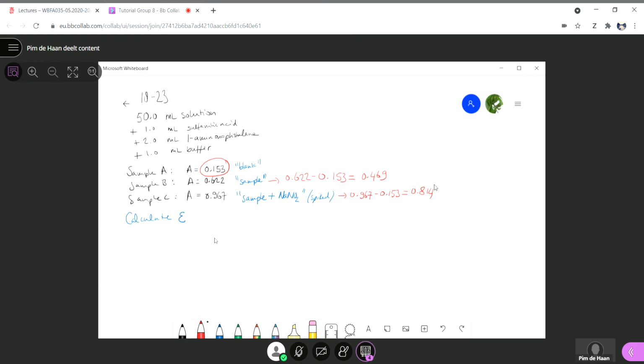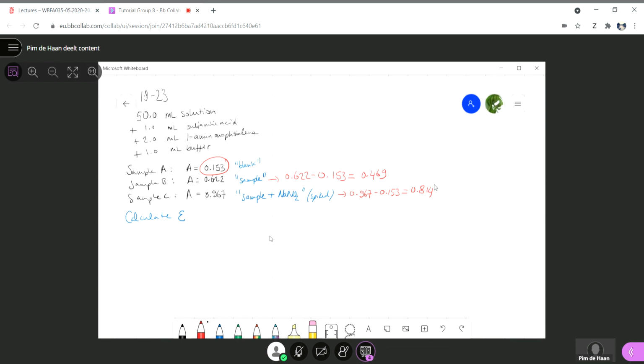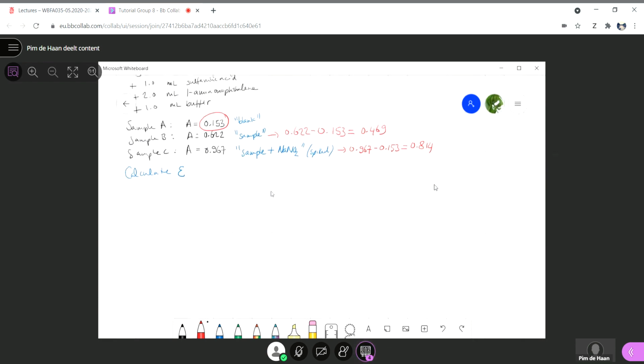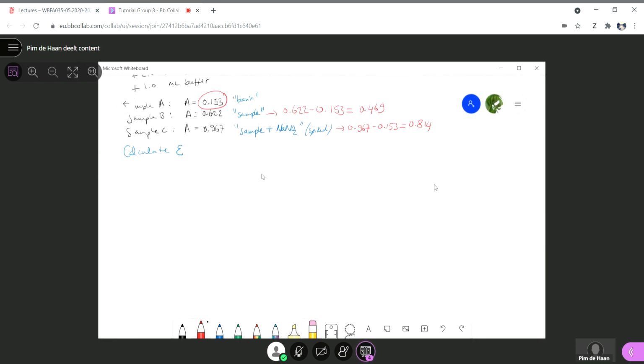Okay, so we have this. Now we need to calculate the epsilon. So how are we going to do that? I'm just going to scroll this. Let me know if I need to go back up. So we are going to fill out the Lambert-Beer equation. We have A equals epsilon b c, and b equals 5 centimeters.